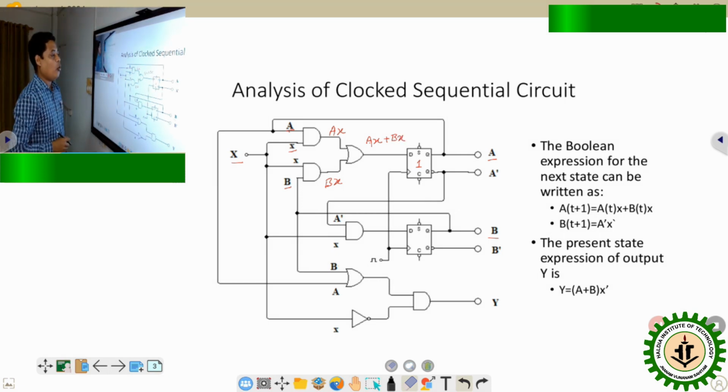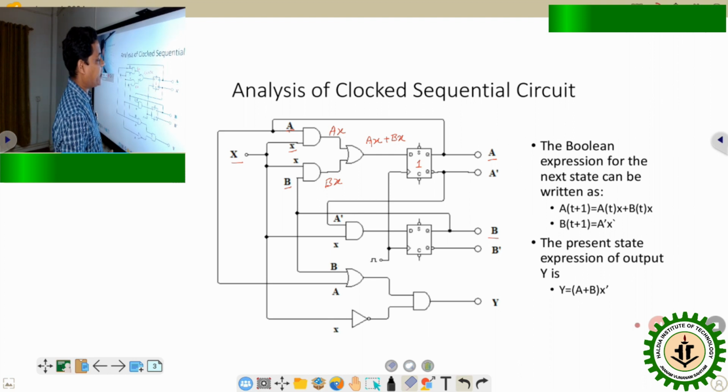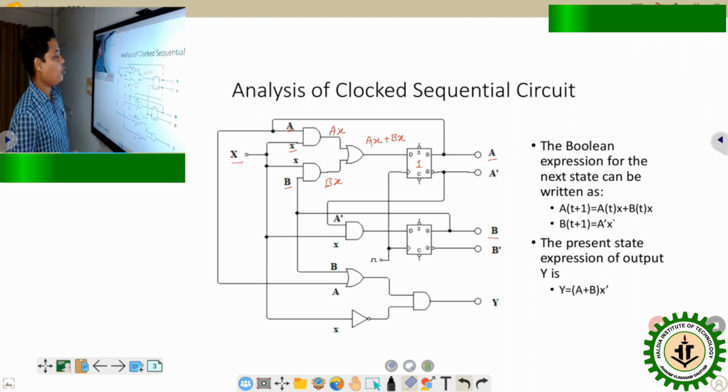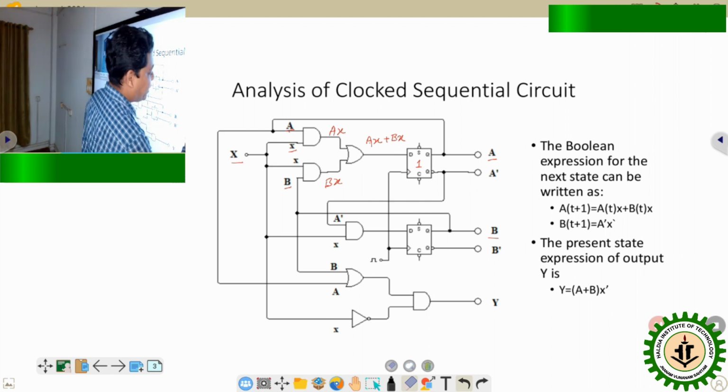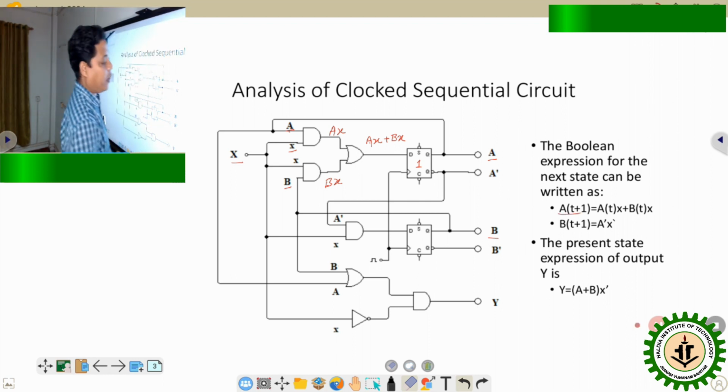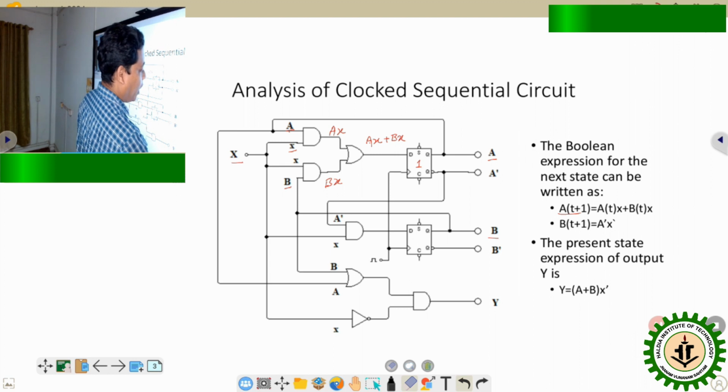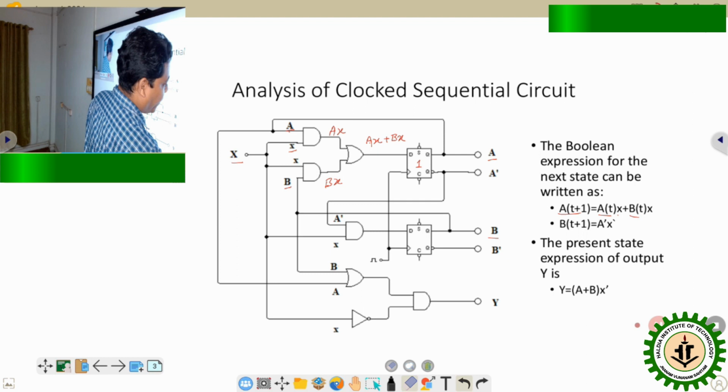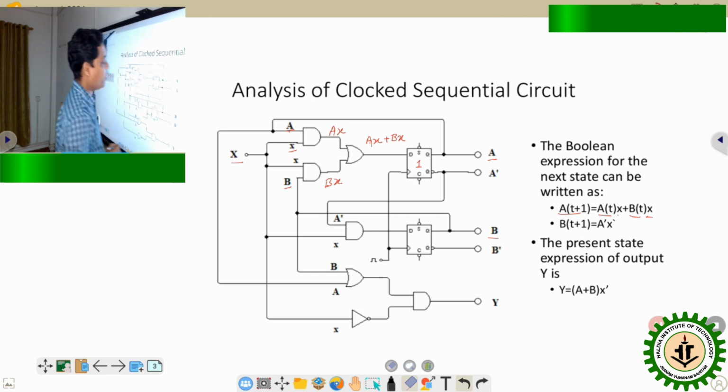Hence, the output of the D flip-flop, that is the next state A, will be AX plus BX, as we know that the D flip-flop output directly depends on its input only. When the clock is applied, the same will be available at the output terminal. So the next state expression A(t+1) will be equal to the present state A(t) dot X plus the present state B(t) dot X.